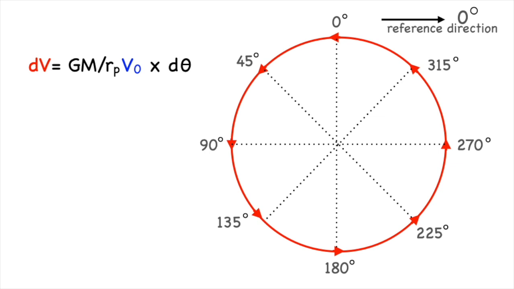We are going to need a new dV circle, and you recall that our equation for the dV circle is dV equals the quantity GM divided by r sub p times v naught, all times d theta.